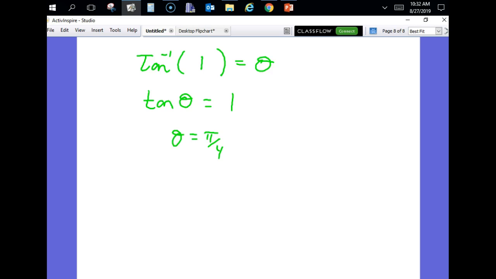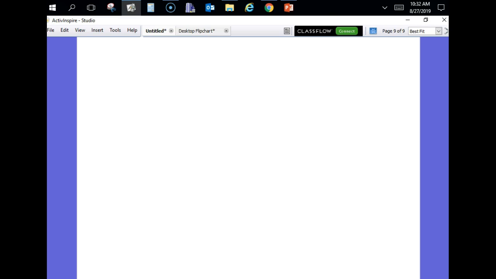Okay, now we got a real fun one coming up. You ready? How about this? Arcsecant of 2. I want to find out what arcsecant of 2 is. So you guys can just tell me what to do here. What am I going to do? Make it equal theta.